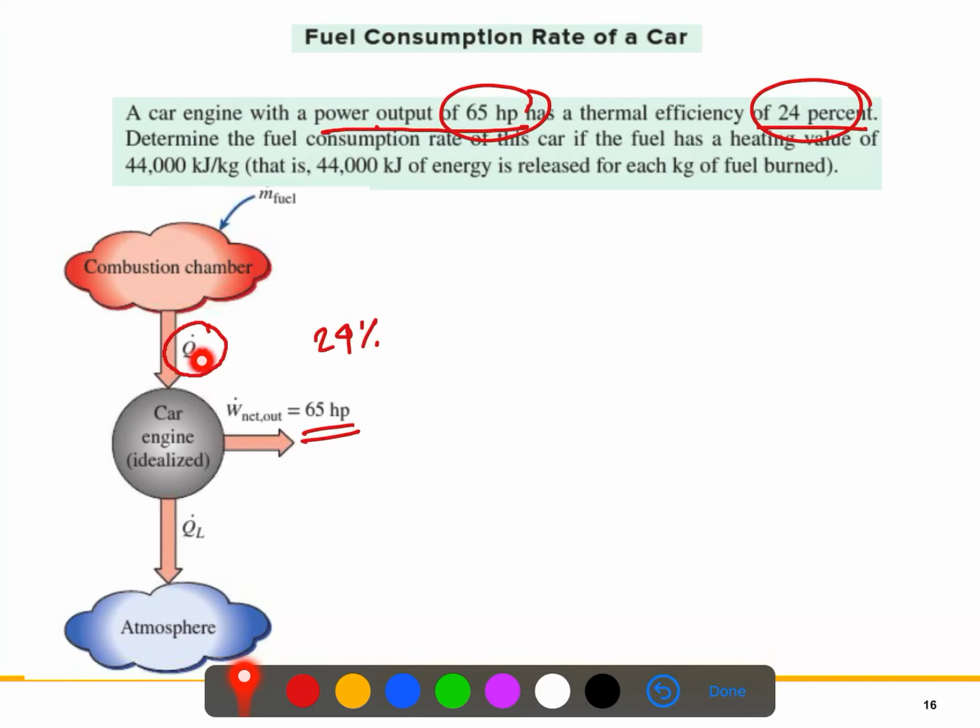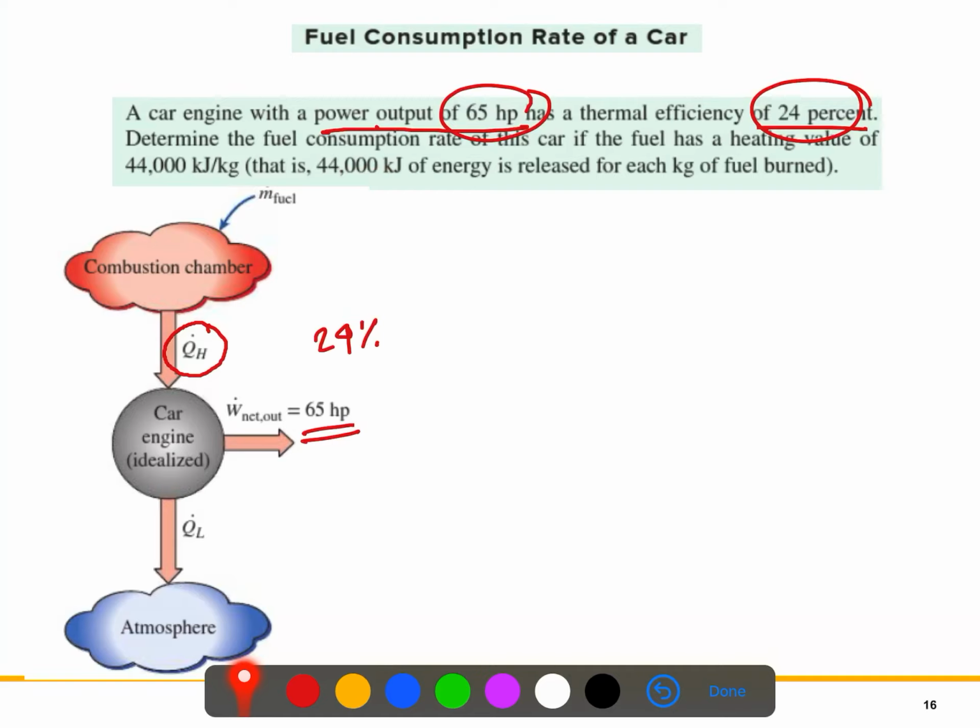But in the question it is asking, determine the fuel consumption rate of this car if the fuel has a heating value of this kilojoule. So this is the heating value. It says 44,000 kilojoule of energy is released for each kg of fuel burned. So if 1 kg of fuel is burned, then it will release this amount of energy.